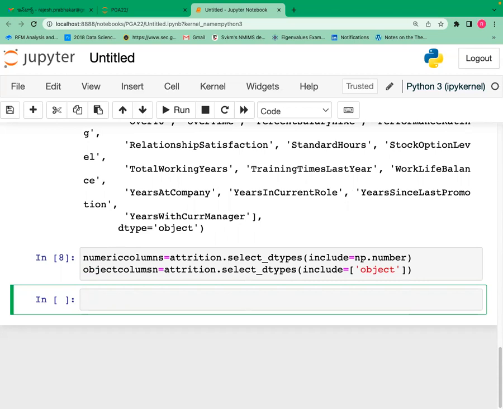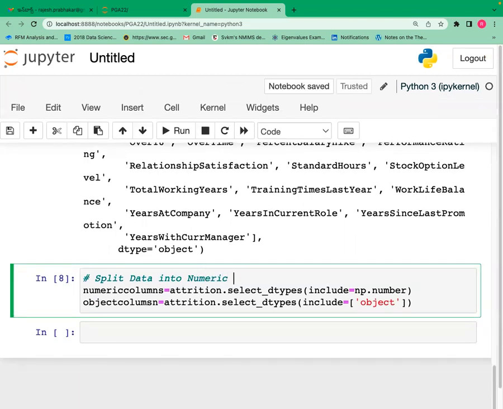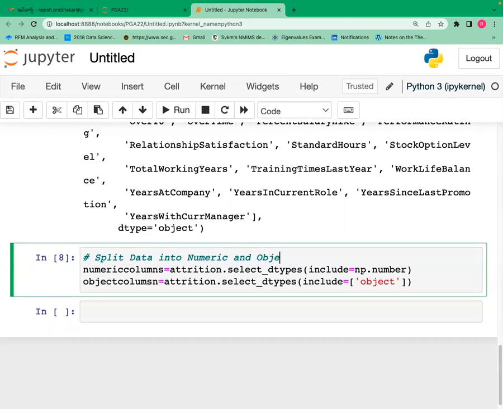So we have separated the data into numeric columns and object columns. So split data into numeric and object variables.